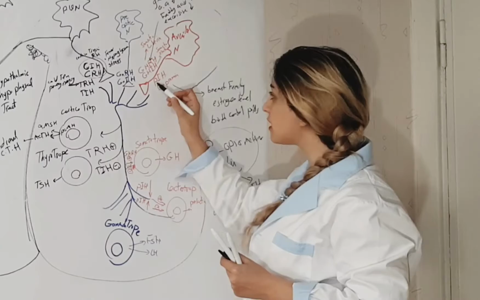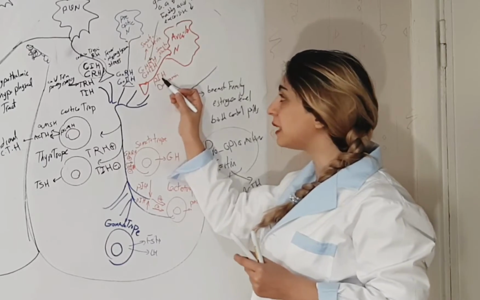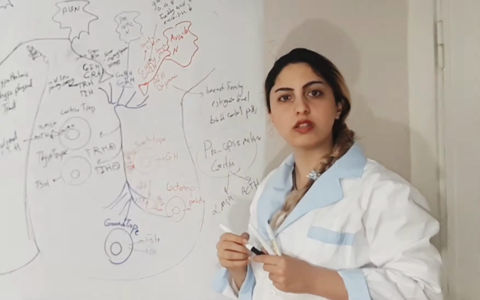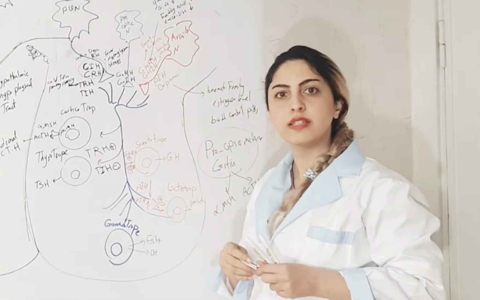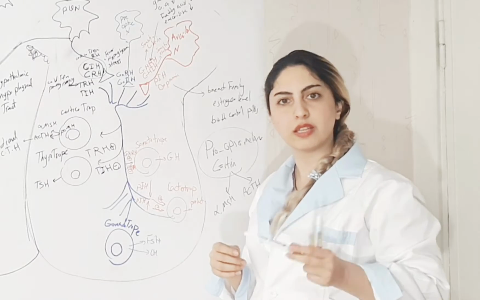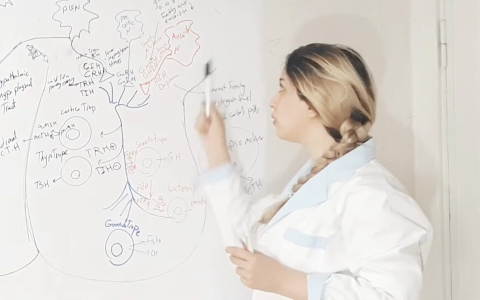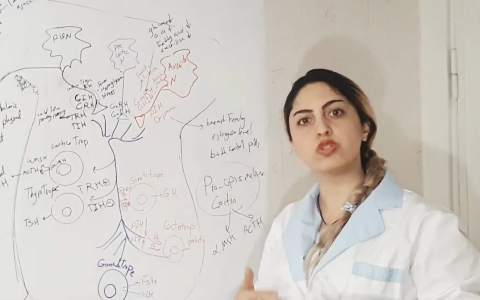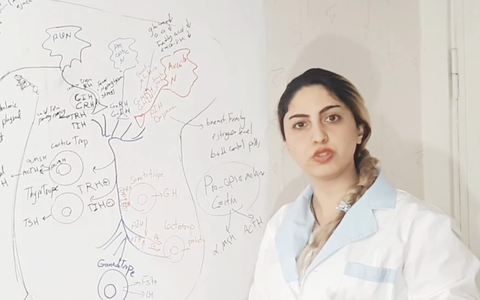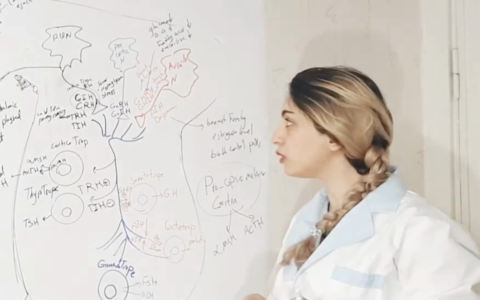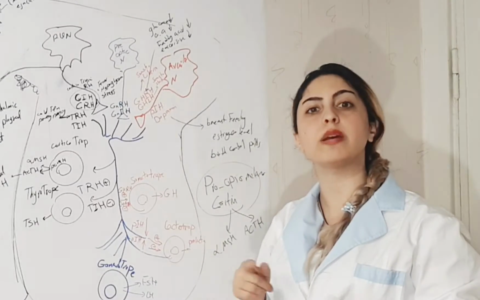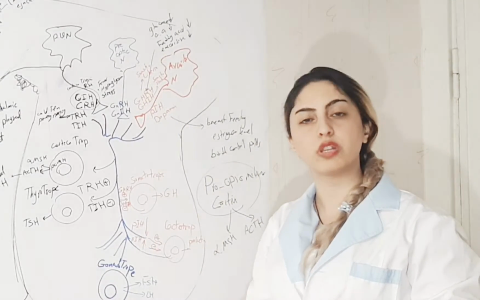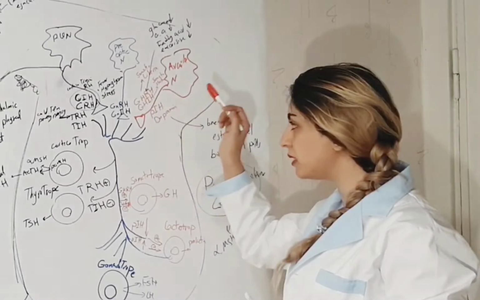It also releases prolactin inhibitory hormone, which is dopamine. So the arcuate nucleus releases the growth hormone releasing hormone, growth hormone inhibitory hormone, and prolactin inhibitory hormone, which is called dopamine too.